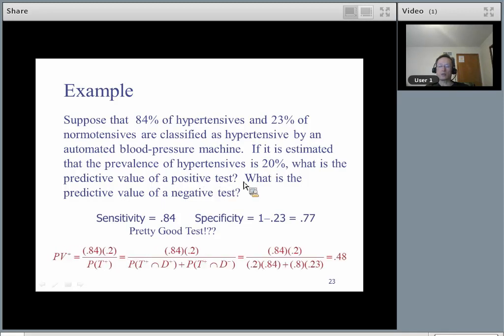So that's the same question there, right? So we want to figure out the predictive value of a positive test. The numerator is the product, actually this value, probability of having disease times tested positive. That would be this so-called sensitivity times the 0.2, right? If you refer back to the previous problem, that's the probability of having disease times the probability of tested positive given having disease.